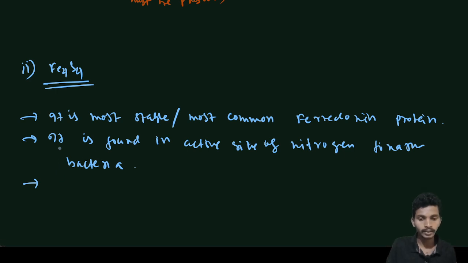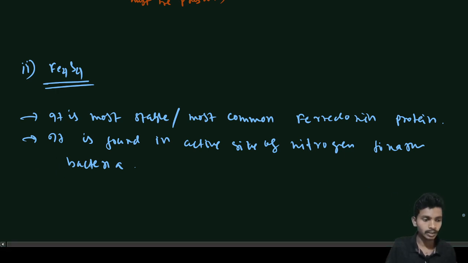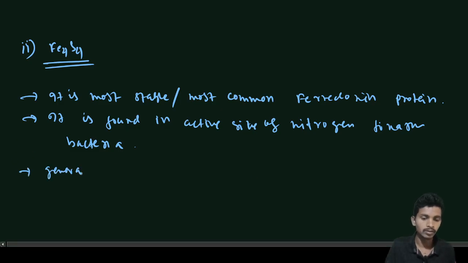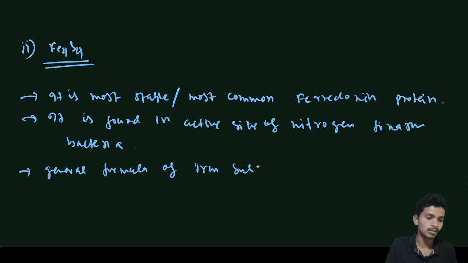and what you say is that its structure is, the general formula of iron sulfur protein is FemSn, where Sn represents the number of labile sulfur.